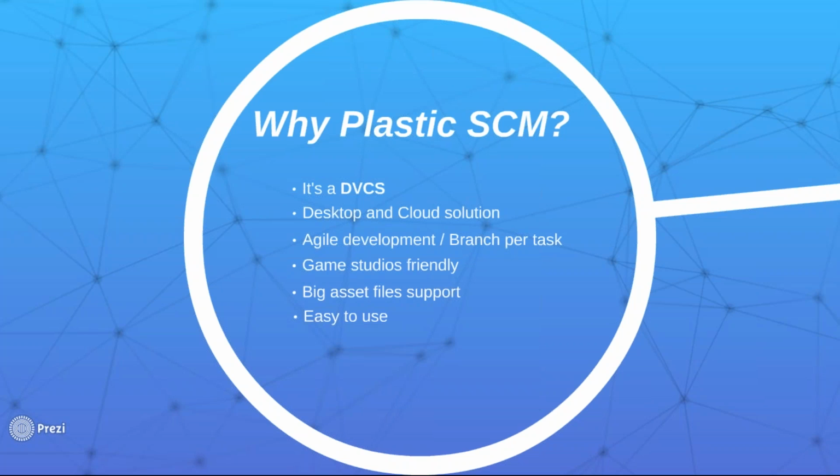The branch per task strategy is really good for agile. Creating branches is super cheap in Plastic SCM. You don't have to worry about how the server is going to behave when it has thousands of branches. It will do it just fine. So creating branches and merging is super easy with Plastic SCM.